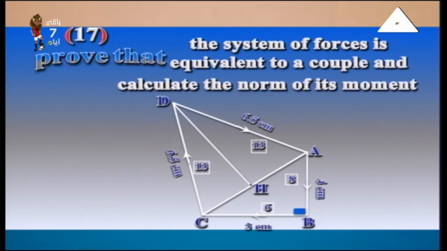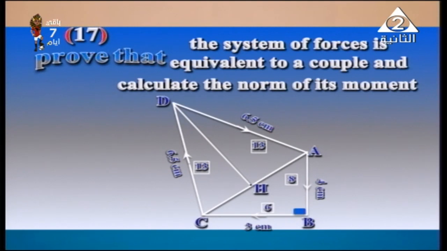ABCD is a quadrilateral, four sides. We have AB equals 4 centimeter, BC equals 3 centimeter. Forces act at AB 8, BC equals 6, AD equals 6.5 and CD 13 Newton.